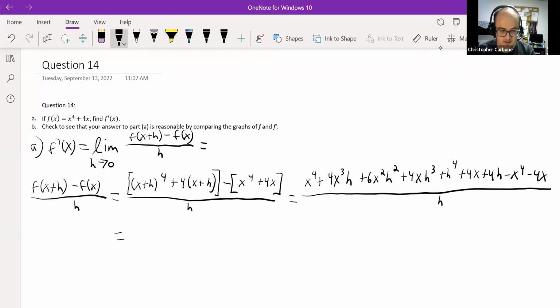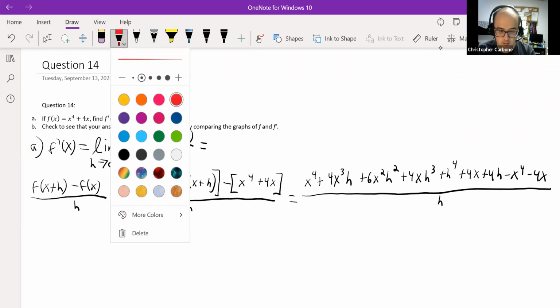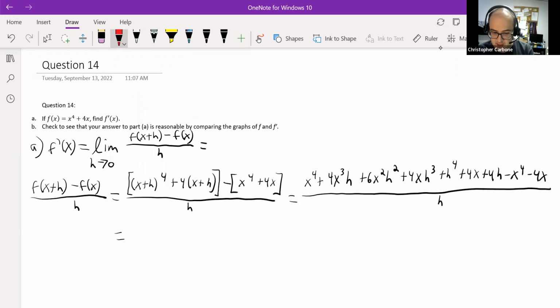And a few things cancel there, right? These x to the fourths and the 4x.